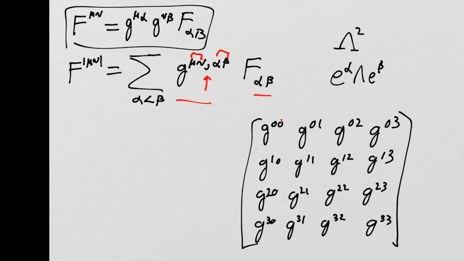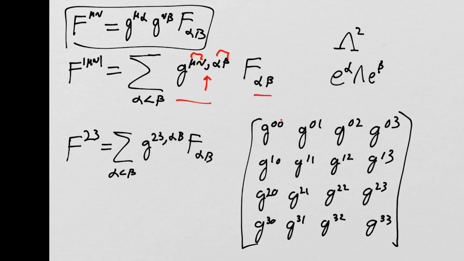I would write this as F23 equals the sum over alpha less than beta of G23 comma alpha beta F alpha beta. And if I take the 0-1 term of that sum, it's G23 comma 01 times F01. This has got to represent the determinant of this little submatrix.